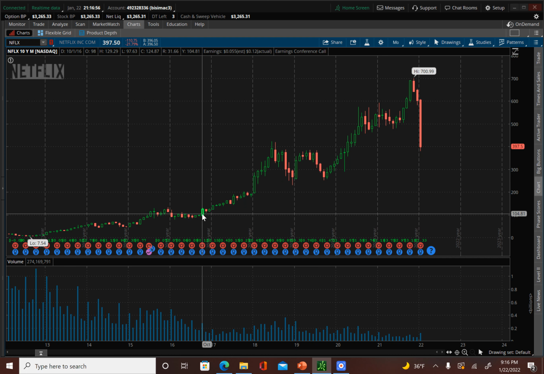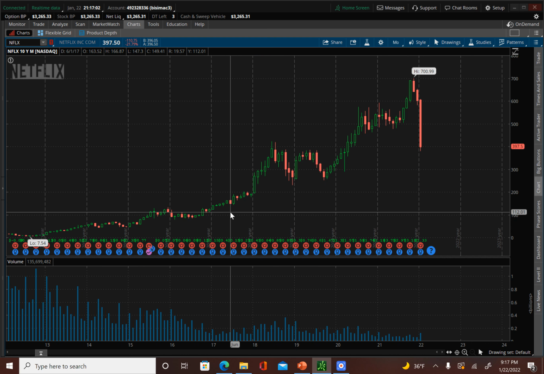If the volume surges on green days, and when it's a red day, the volume is actually small relative to the recent averages, then I don't need to panic sell.